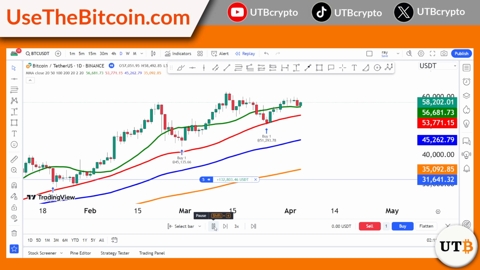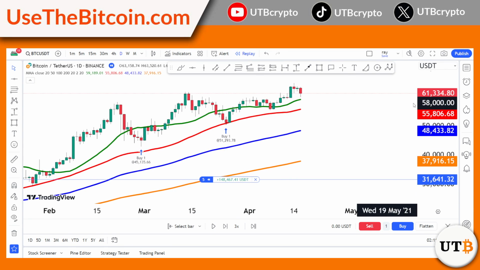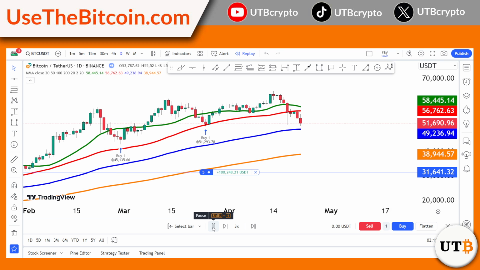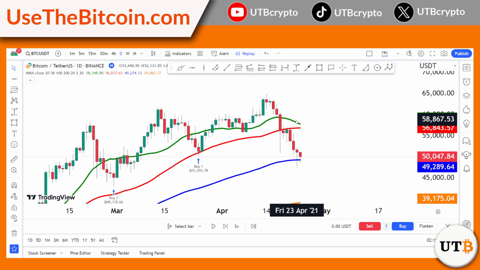Okay, as what you can see, it's still going up. There you go. All right, let's continue. Boom, boom. Okay, as what you can see, it broke the red line here, and the blue line here is now acting as the support levels. But try to look at the green line here. It is now slowly moving downwards.